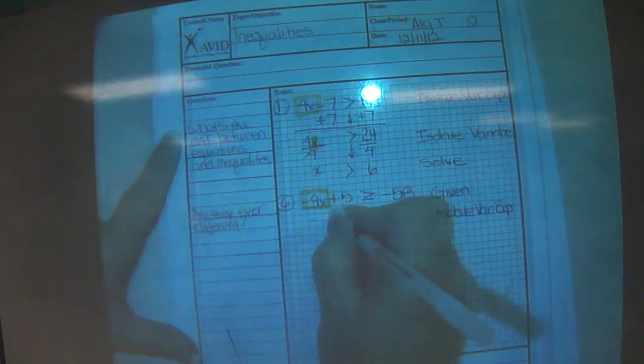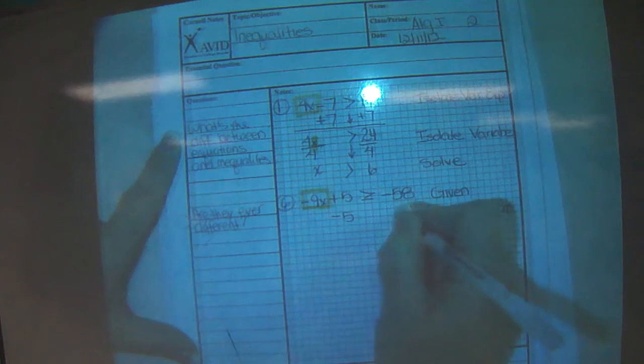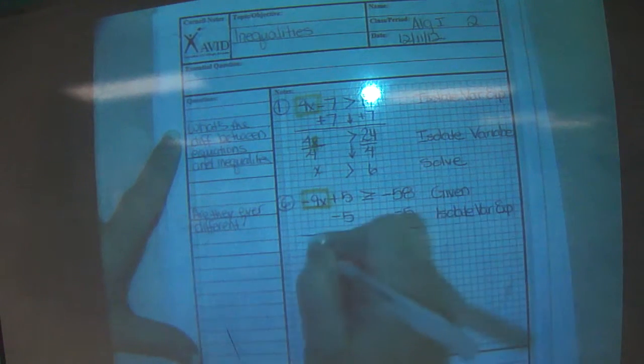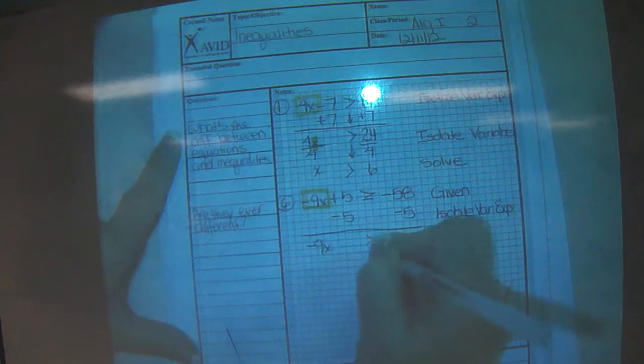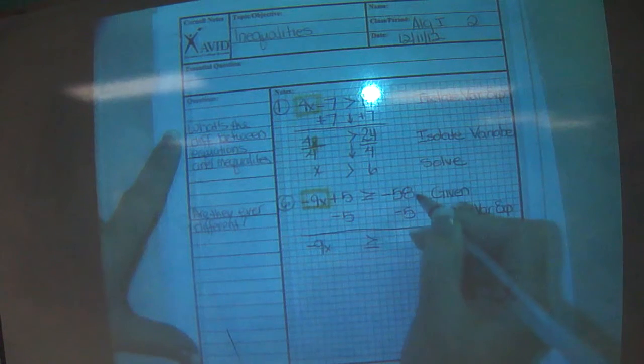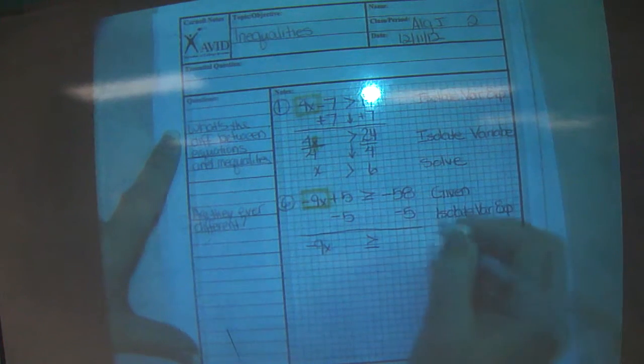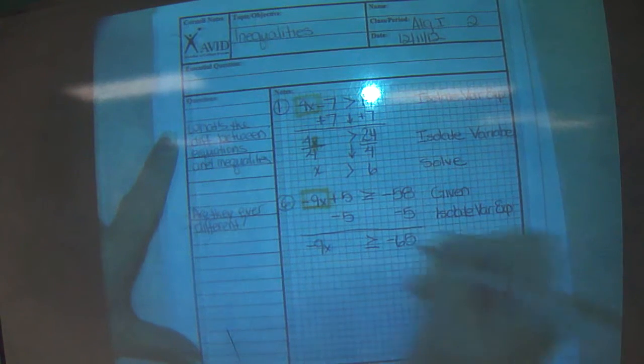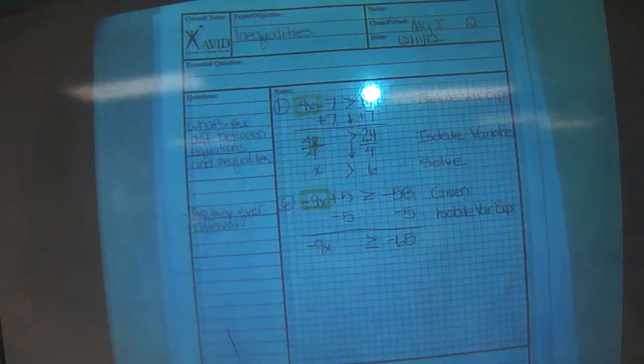So we're going to add negative 5 to both sides. Now we have negative 9x is greater than or equal to negative 58 plus negative 5, which is negative 63.